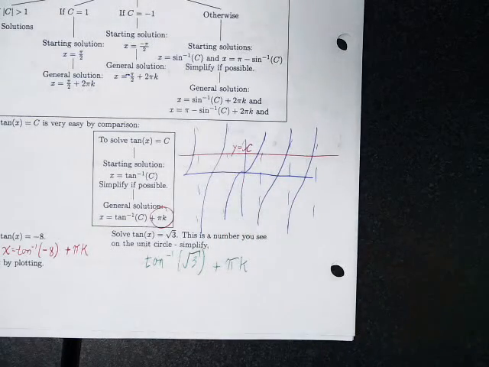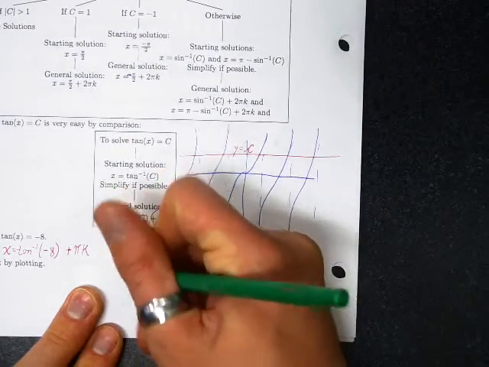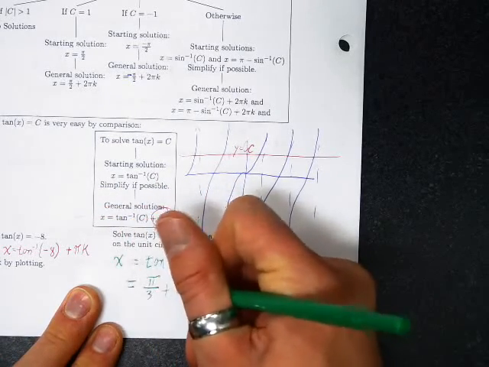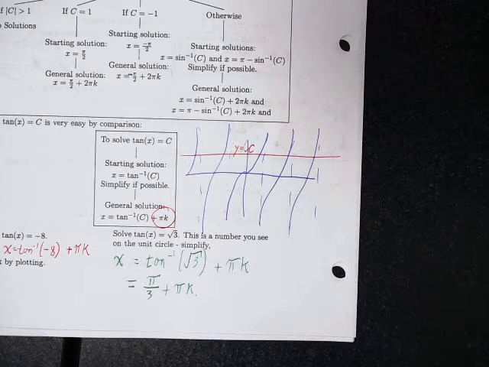But what is the inverse tangent of root 3? Pi over 3, because we see there's an angle where tangent is equal to root 3. People feel pretty okay about that? So it's important to simplify when you can.